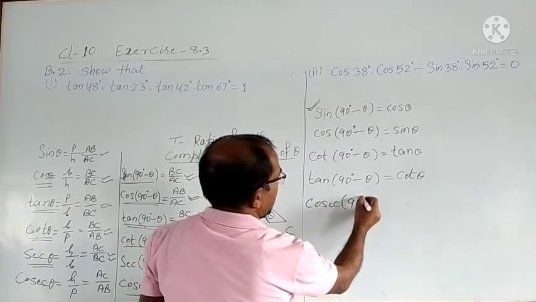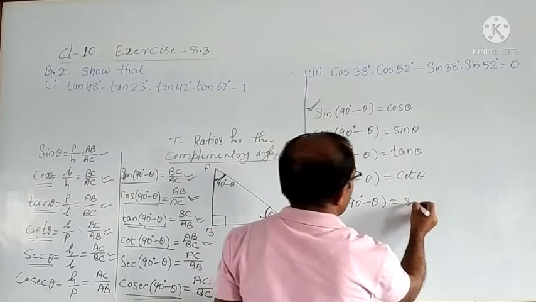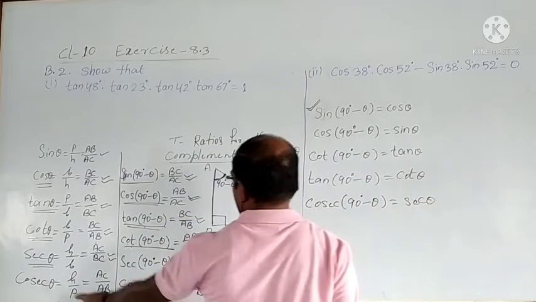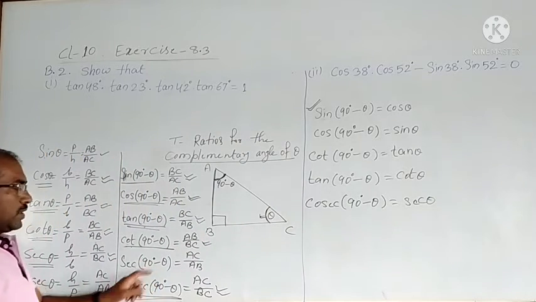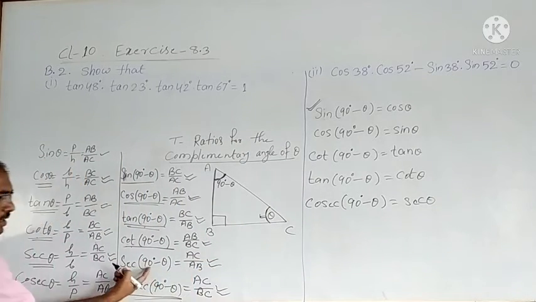Cosec 90 degree minus theta is equal to sec theta, and then we will find cosec theta is AC by AB and sec 90 minus theta is AC by AB. That means sec 90 minus theta is equal to cosec theta.